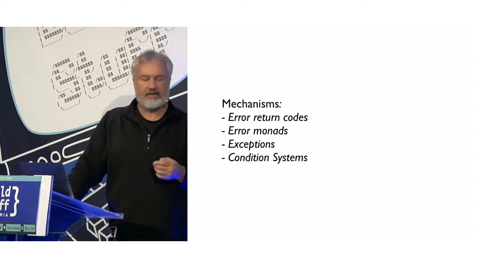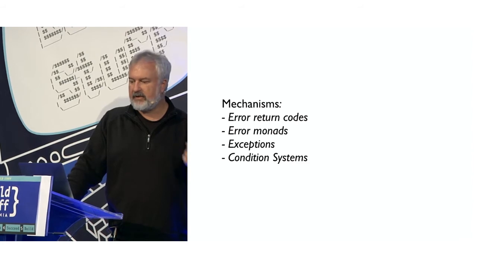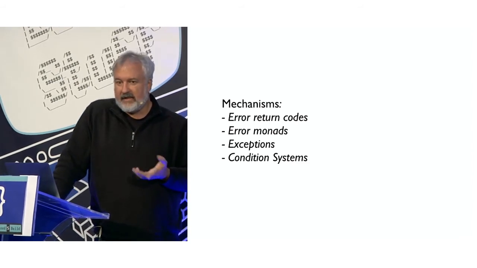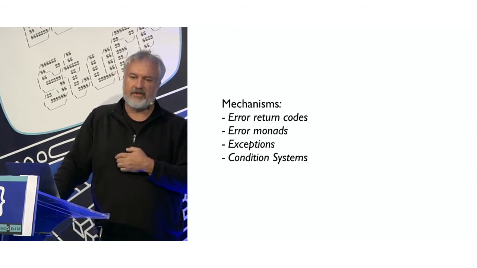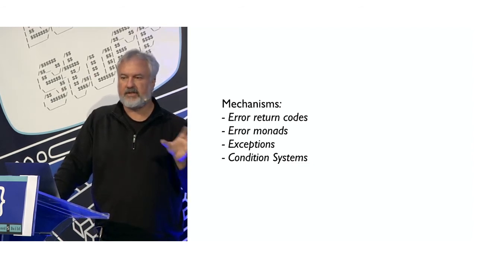You have option types in a variety of different languages that allow us to do very cool things. Exceptions are a good old standby. We've been using them for ages within the industry. One error mechanism that people don't talk about all that much is something called condition systems. They were built in Lisp, and I just haven't seen them really push into the industry very much.